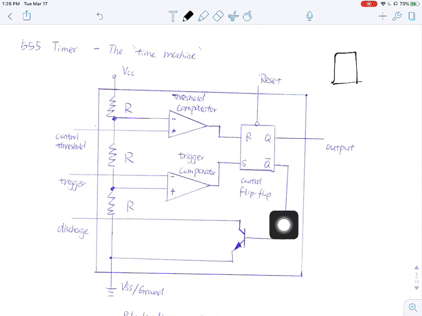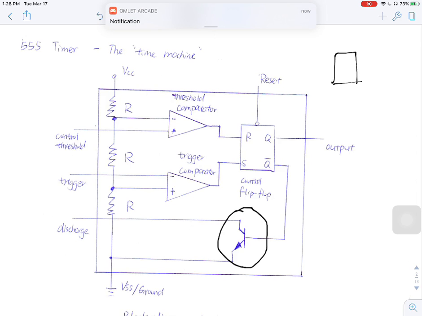And okay, a quiz here. We have another component right here. I want you to type in the group chat, tell me what's the name of this component. BJT, yes, bipolar transistors.